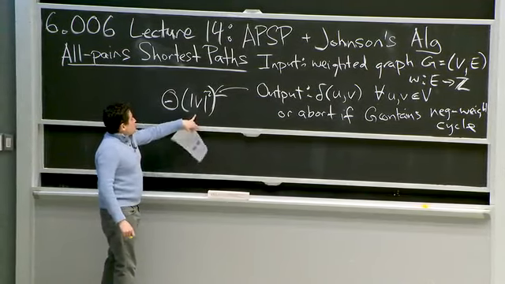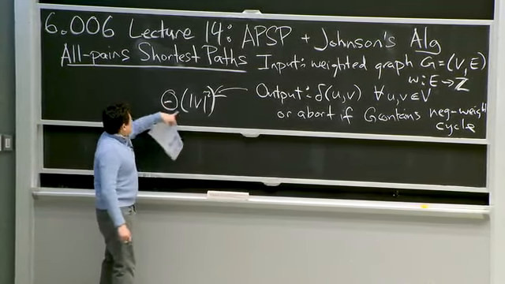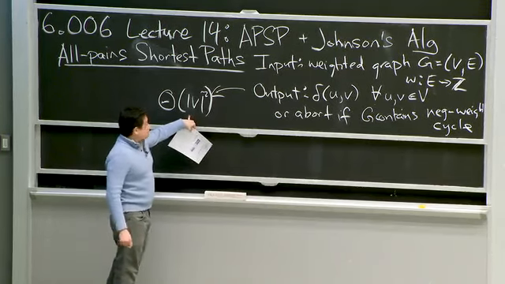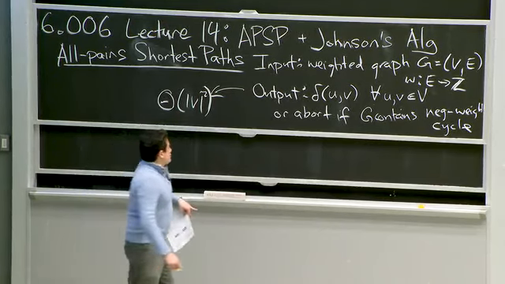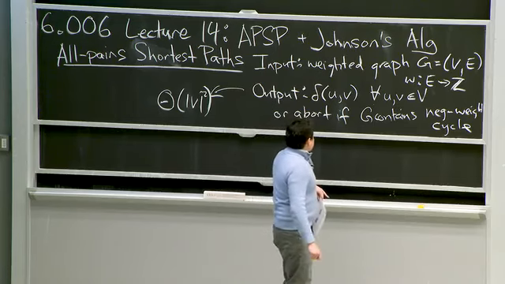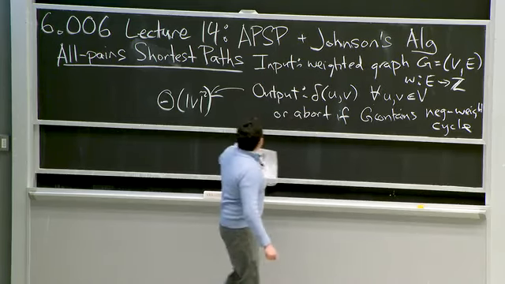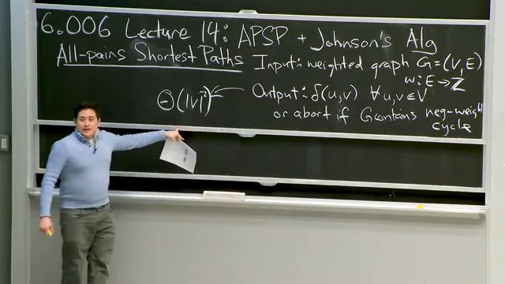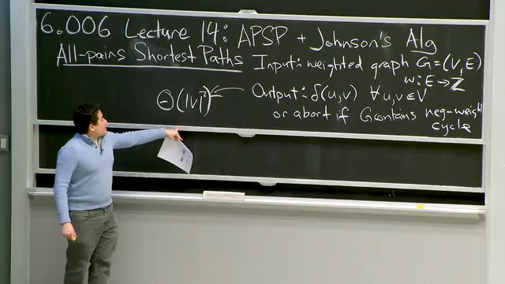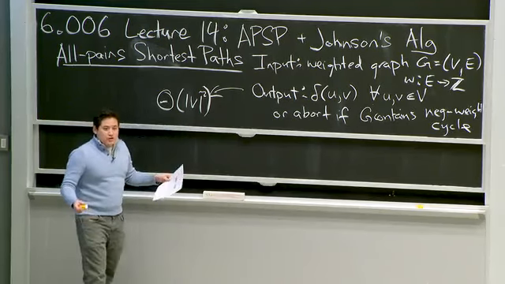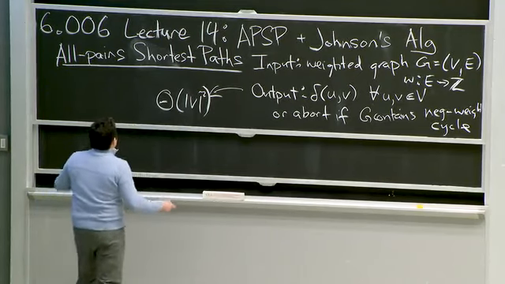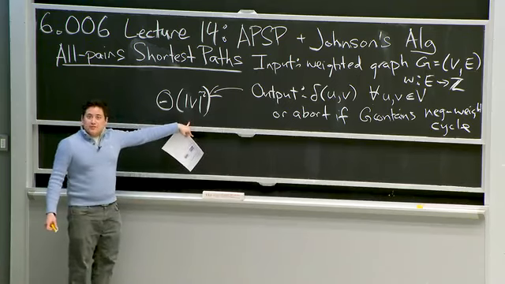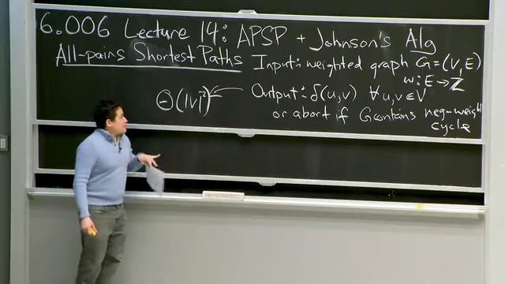It's at least V squared, because I need to give a number for each pair of vertices, and so we couldn't hope for linear time in the size of this graph for this problem, right? For single source shortest paths, we need to read the graph, and so we need to use linear time. But in this problem, our output has quadratic size in the number of vertices, so in a sense, we can't do better than quadratic.